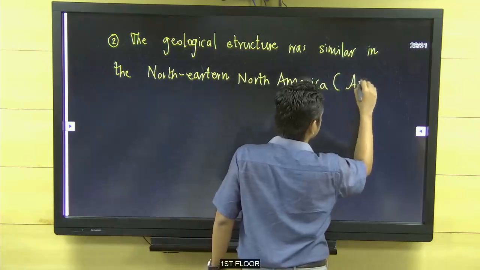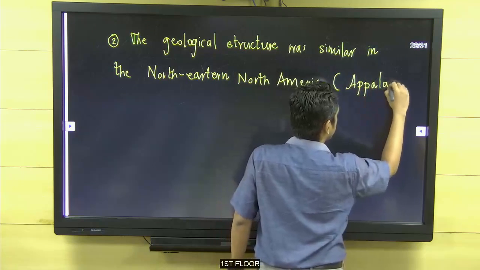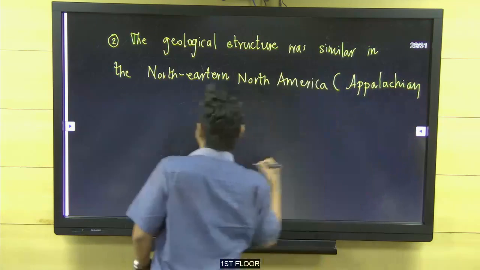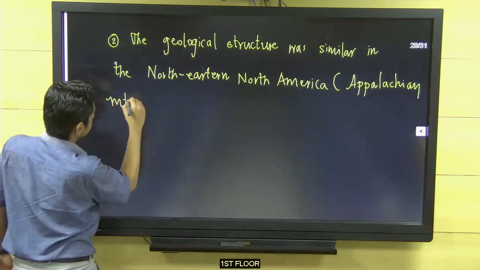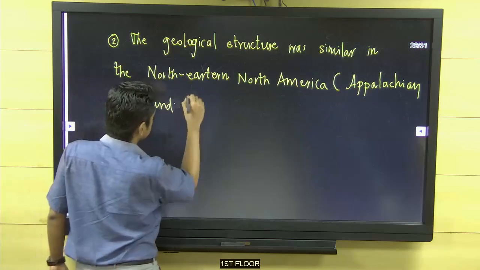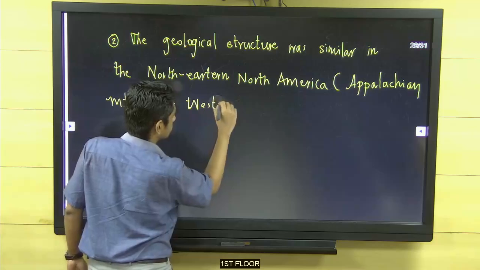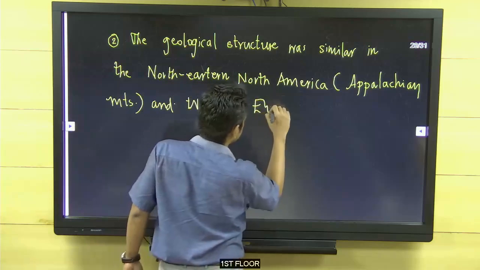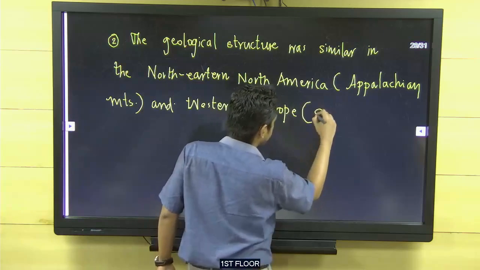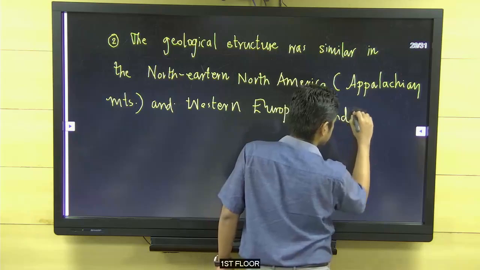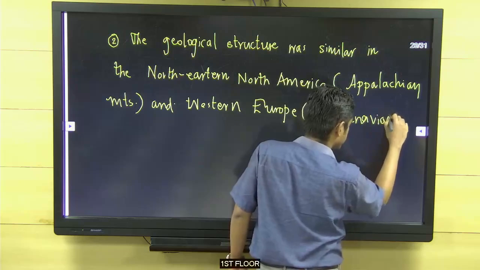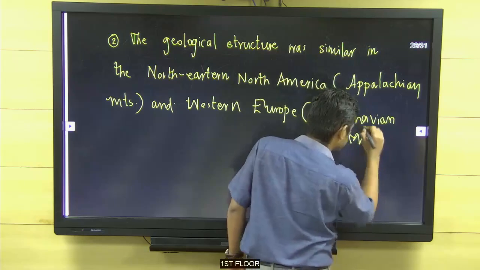So we are talking about the Appalachian Mountains. I think you remember the Appalachians, map reading, right? Appalachian Mountains and Western Europe, Scandinavia. Now you should be very familiar with Scandinavia too. Scandinavian mountains.